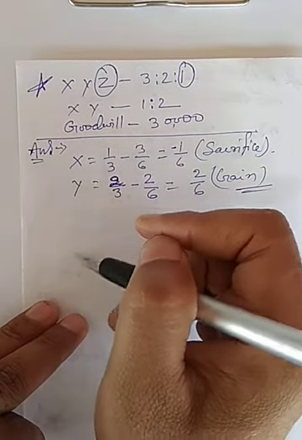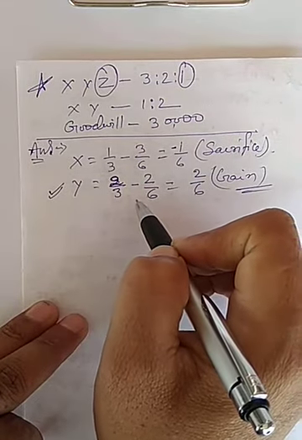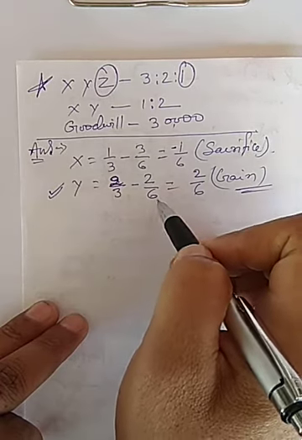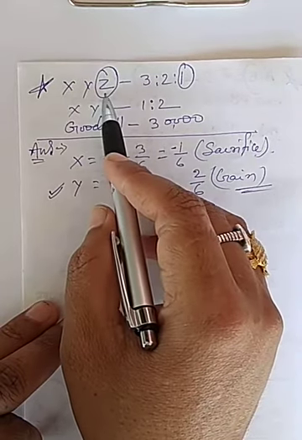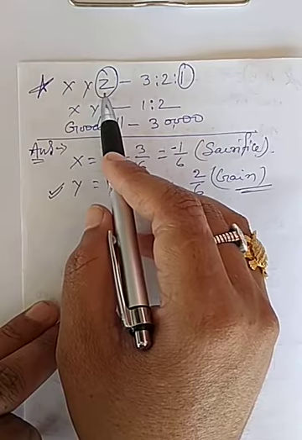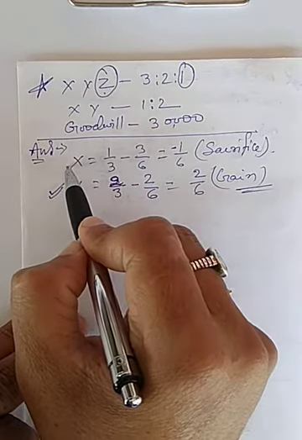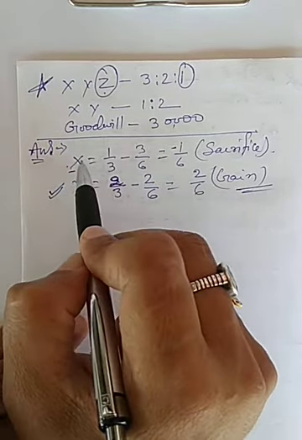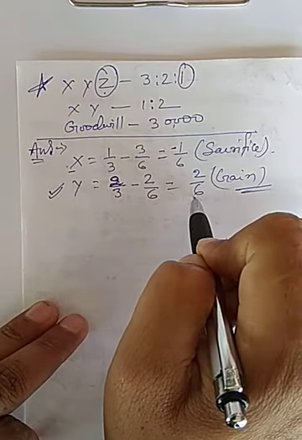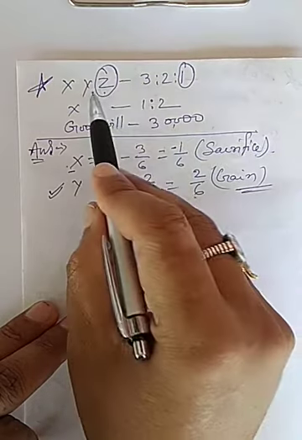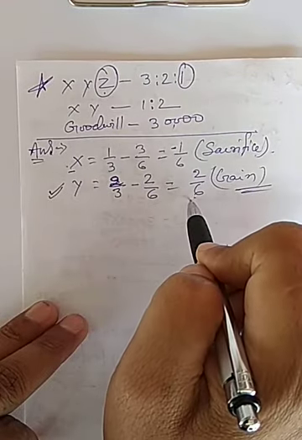Now Y alone is gaining, so he must compensate not only Z, the retiring partner, but also X, the continuing partner, who has also sacrificed in favor of Y. Z and X both sacrifice in favor of Y.